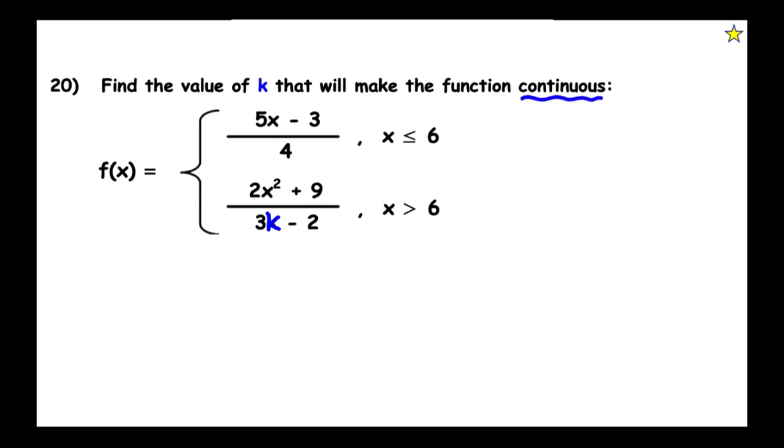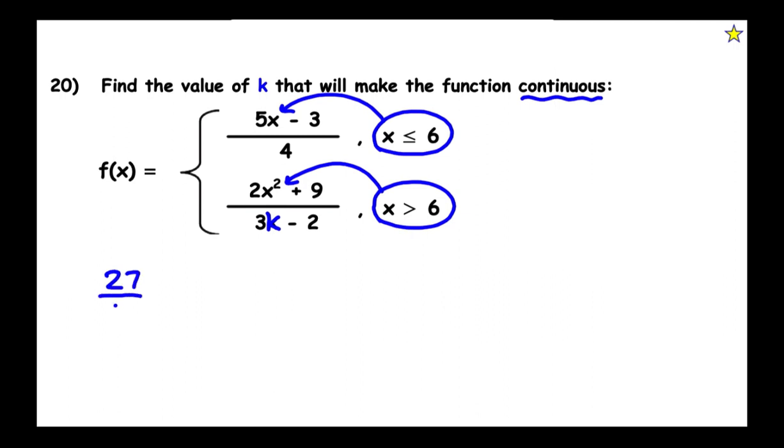So what I'm going to do is, obviously the x equals 6 is what we're worried about. So we're going to turn all the x's into 6's and just see what we have. All right, starting up top, 5 times 6, that's 30 minus 3, that's 27 fourths. And I need to make that equal to the other part.